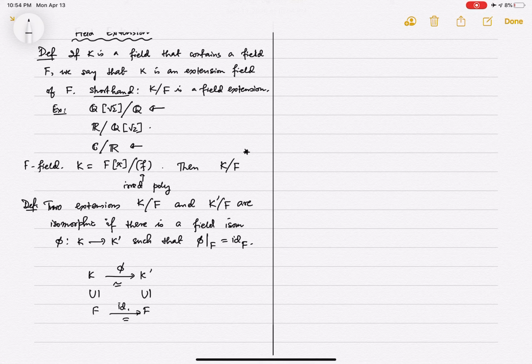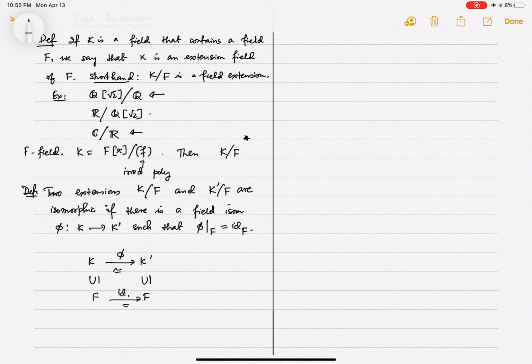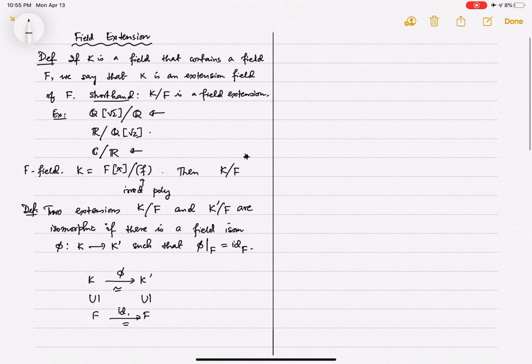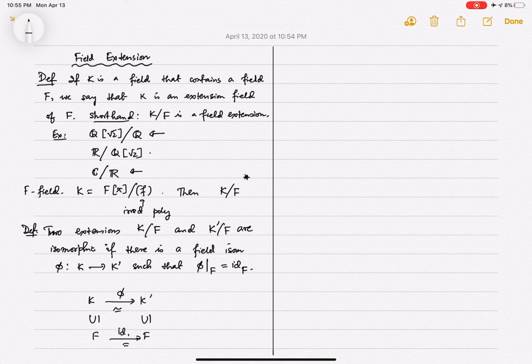And when you have three things, like L, K, M, then we say it's a tower of extensions, etc. I have a few more definitions, but maybe just to digest this, let me say quickly, why are we studying field extensions? So the examples that you want to keep in mind are things like this that we saw last time.